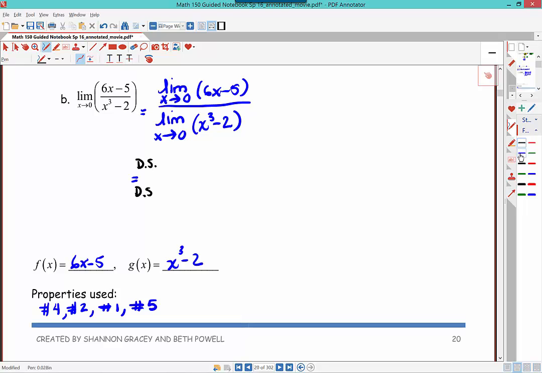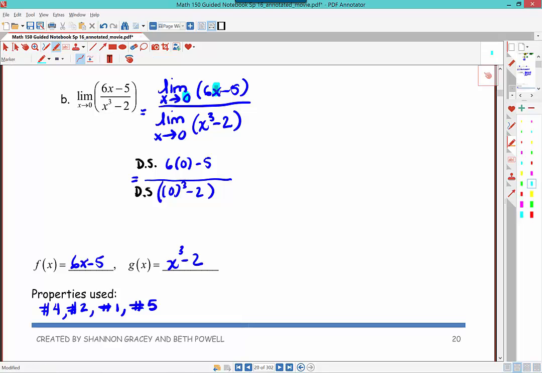So we're going to have 6 times 0 minus 5 over 0 cubed minus 2.